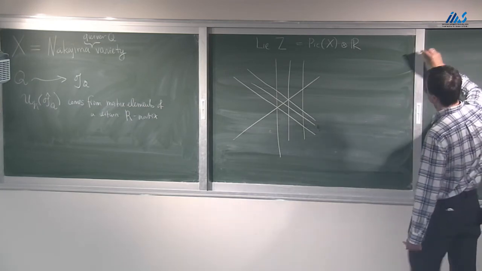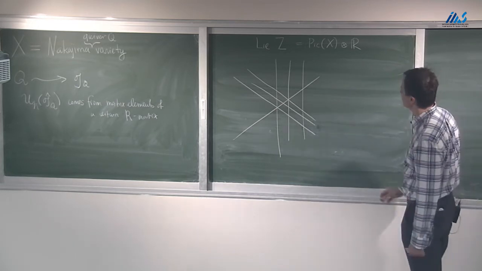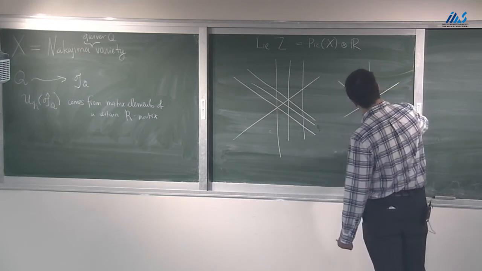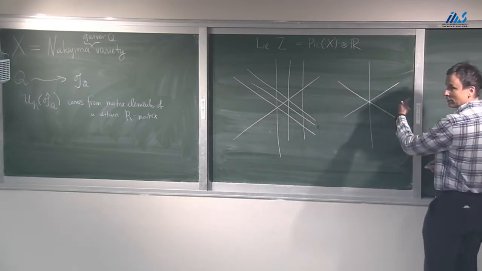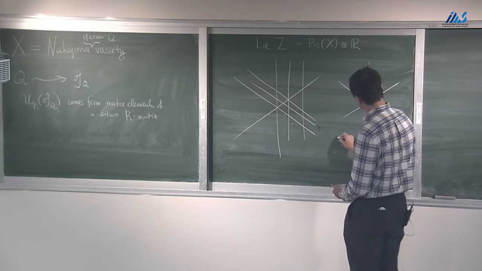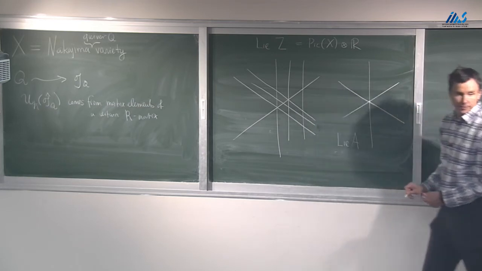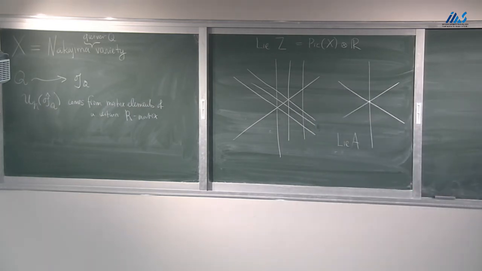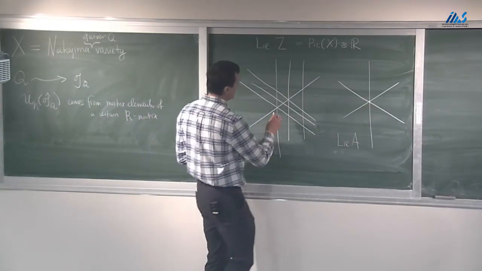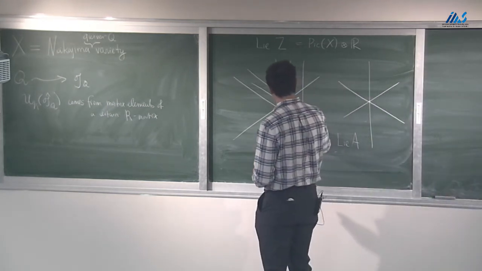And there was another picture. So maybe this was not the very best use of my blackboard. For now, I only want to sit near the origin. So this is a picture in the Lie algebra of Z, and this is a picture in Lie of my torus A. Now what will happen is that here I have to fix an alcove.